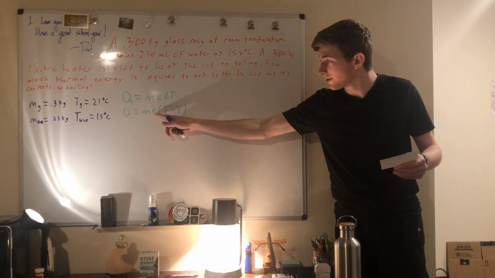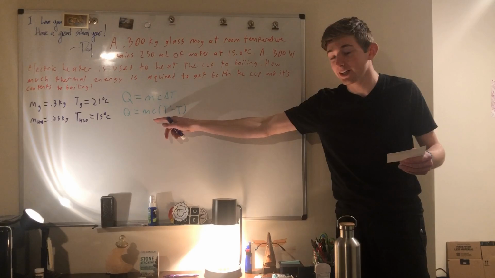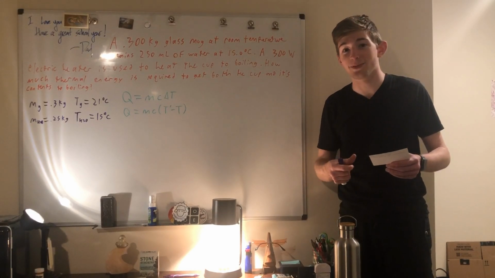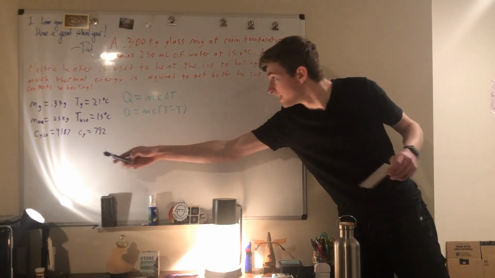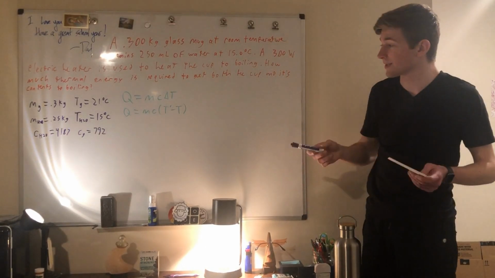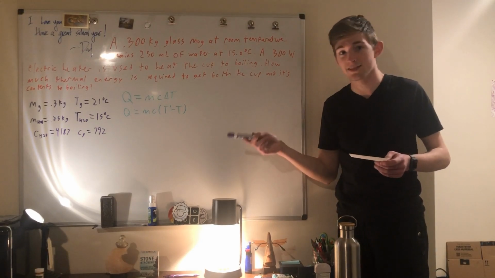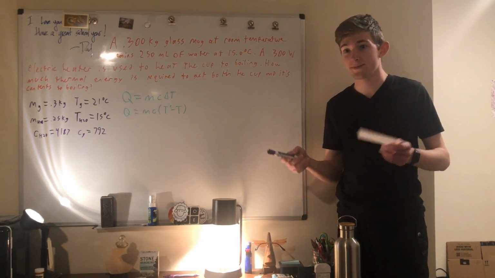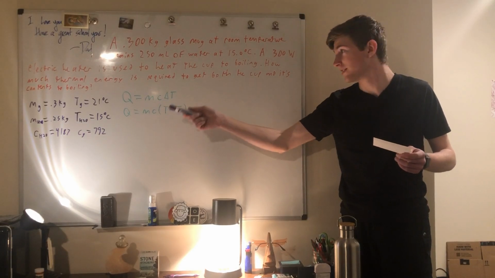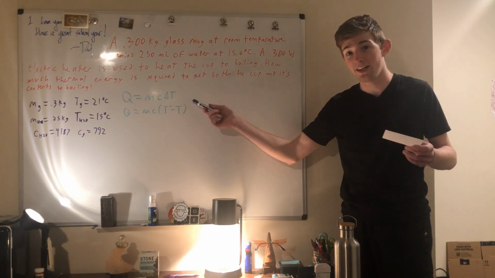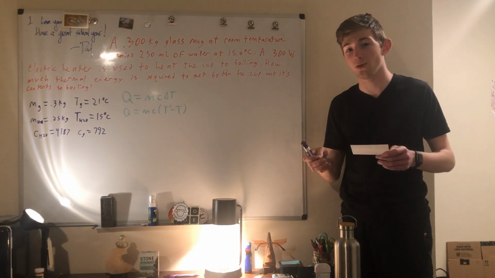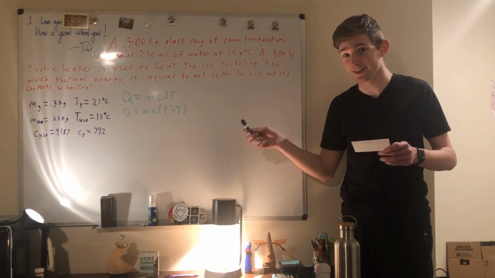So you'll notice that we don't actually have C right now in our data, so we just have to pull that out of thin air, aka the internet. So the specific heat of water is 4,187 and the specific heat of glass is 792. So then we can just plug both of our substances into the equation and add them together, and we get the total amount of energy needed in order to bring the water to a boil.